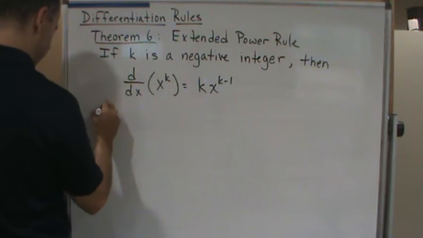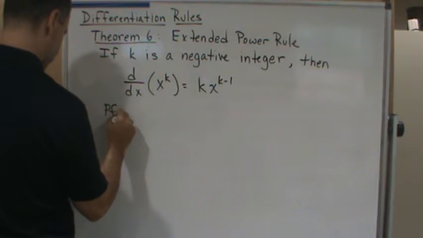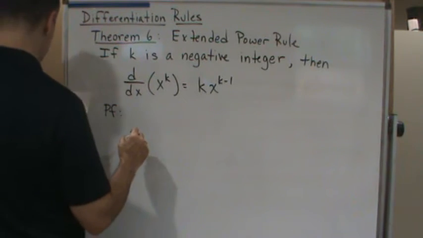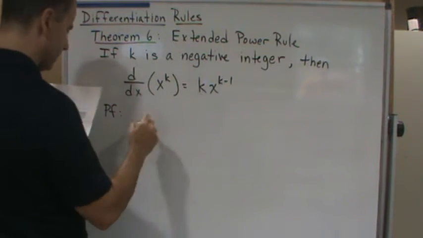Okay, so we start off with the assumption that k is negative.